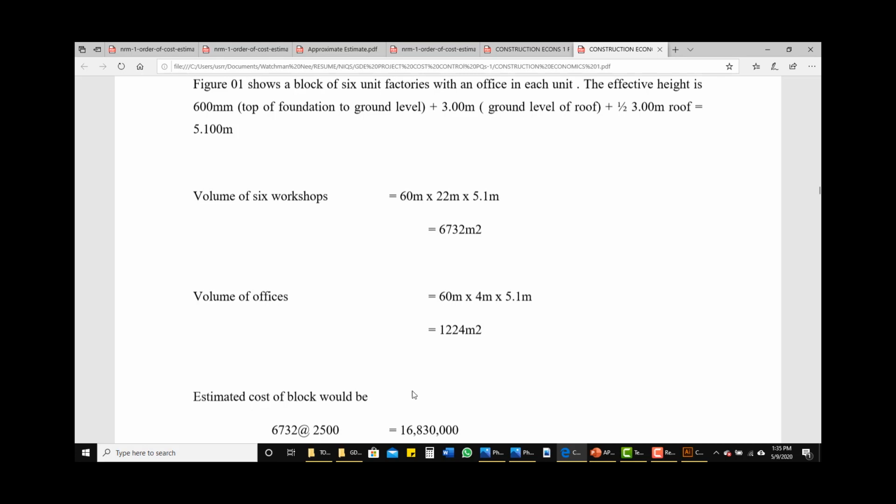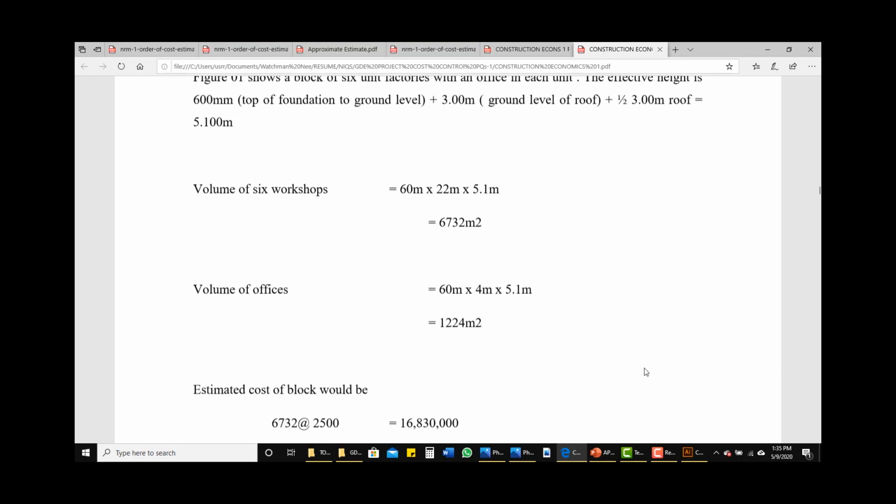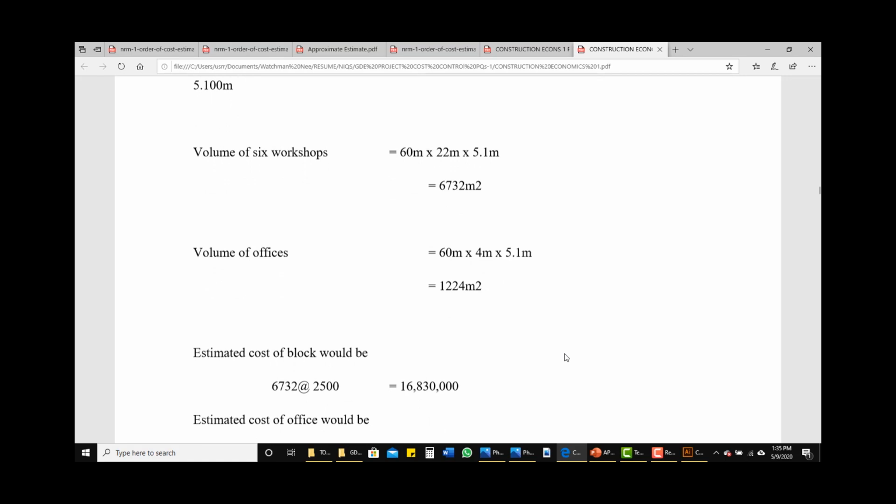So then the estimated cost of each block will now be, we multiply the cubic content here. Like I said, it's a mistake here, it's supposed to be raised to power 3. The cubic content here by 2,500, which is the rate per cubic meter of the building, for that of the workshop.